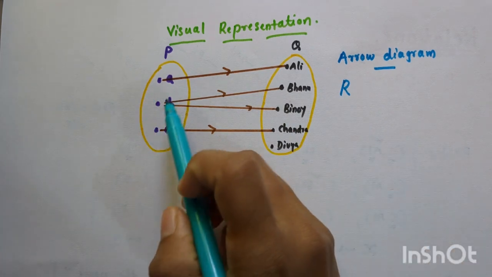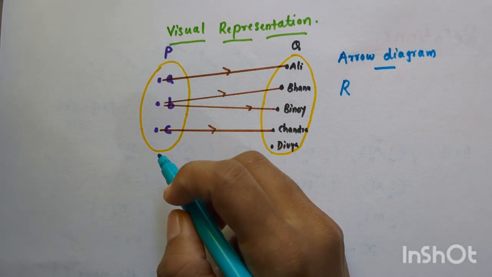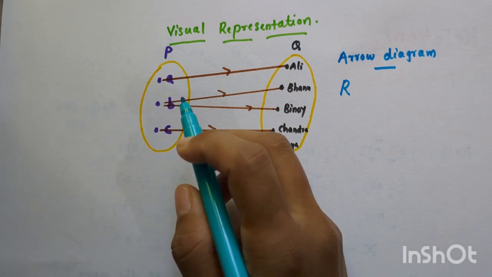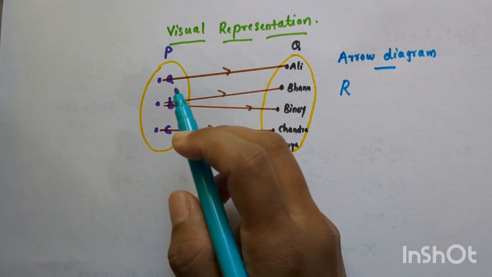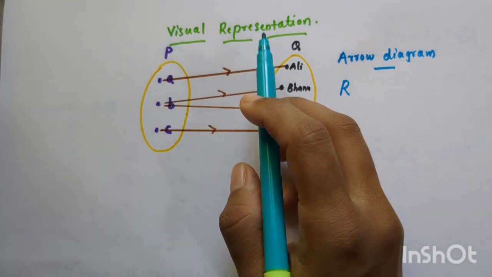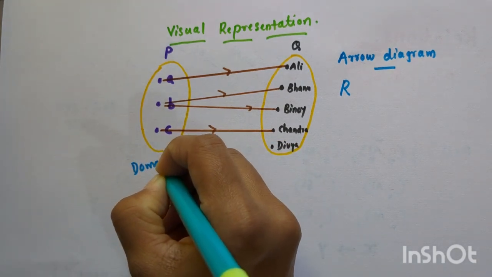The set of all first elements of the ordered pairs in a relation R from a set A to a set B, or from a set P to a set Q, is called the domain.